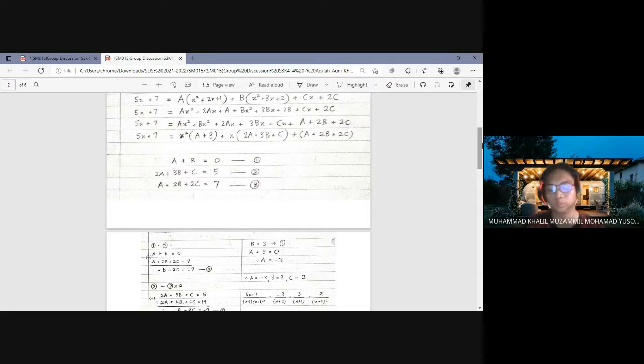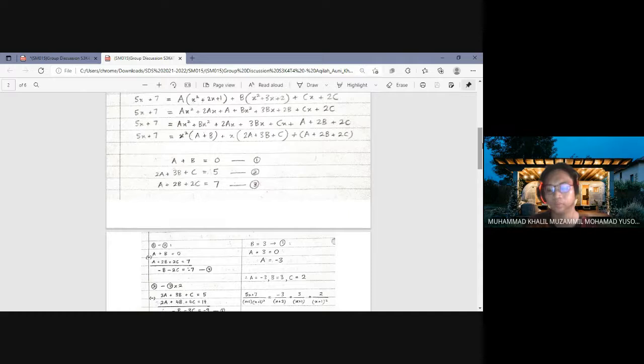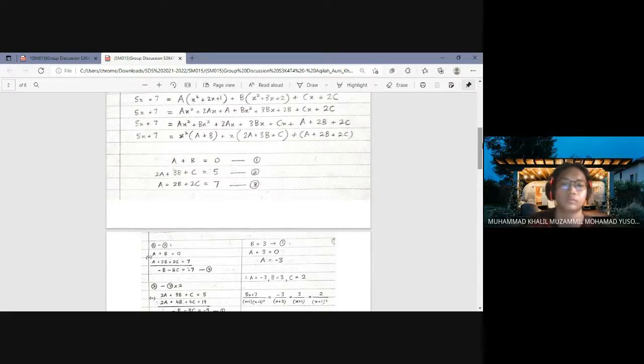After that we have to make a comparison between the left hand side and the right hand side, based on the power of x.